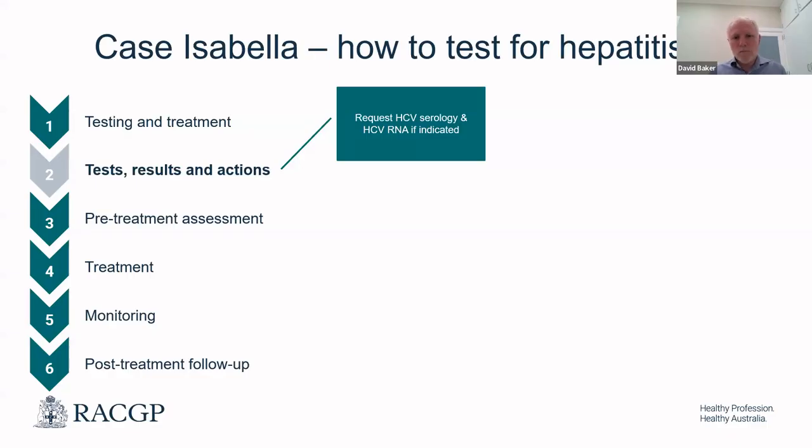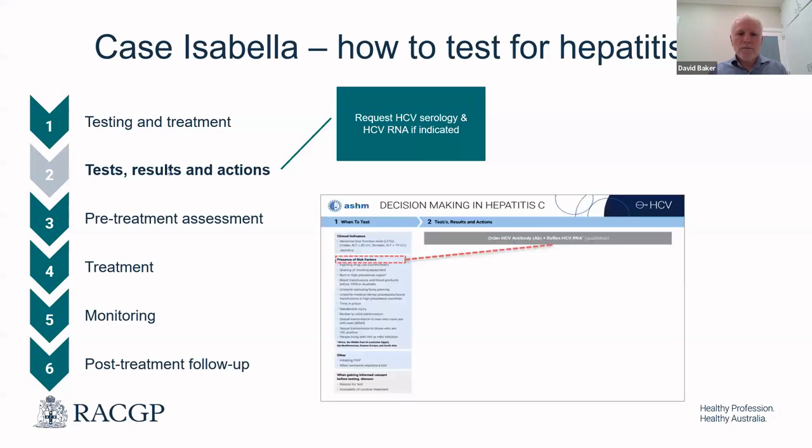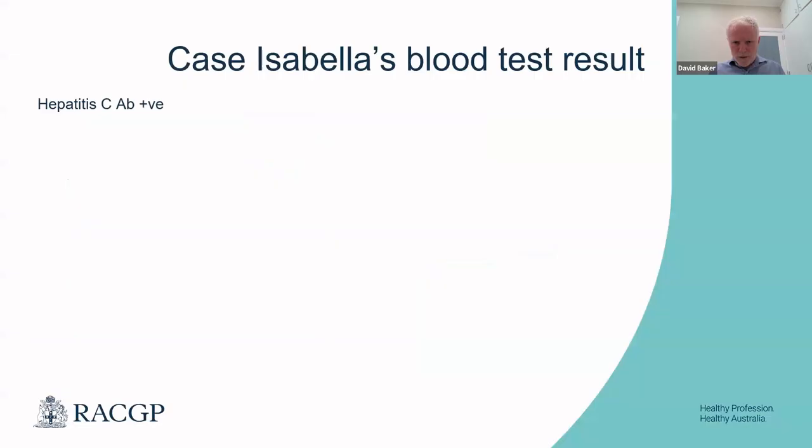But also, it would be sensible to order other blood-borne virus tests, including HIV and hepatitis B. Next slide. So Isabella's blood test results come back and she's got a positive antibody test. So next slide, thanks.